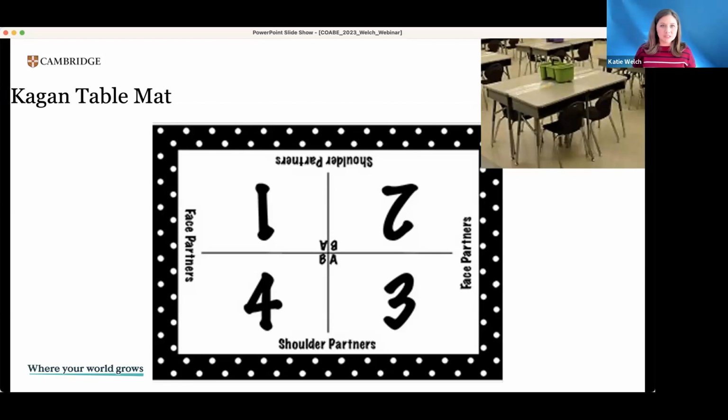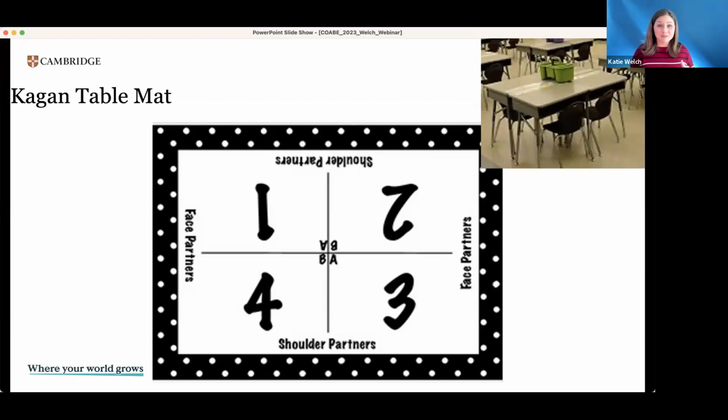K-12 teachers will, as a way to group students, say, okay, turn to your shoulder partner, or turn to your eyeball partner, your face partner. That's who I want you to work with. Because K-12 teachers have assigned seating, they have been very strategic about who is each person's shoulder partner and face partner.